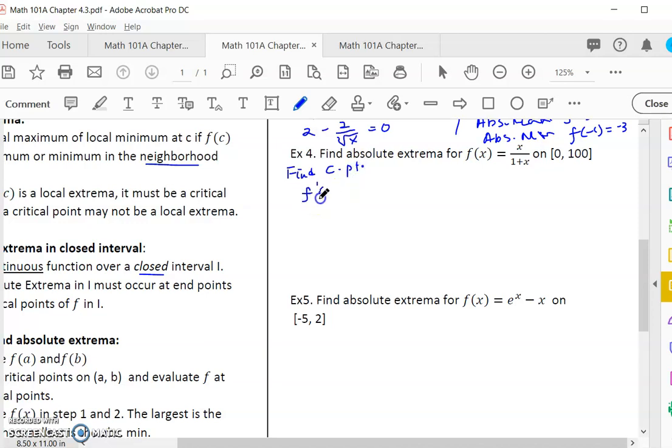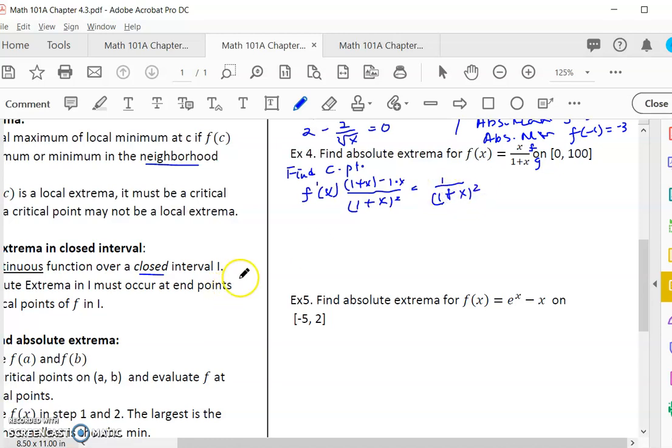To find critical points, we will have to do f prime of x. Oh, this is a quotient rule. Low d-high minus high d-low. So the derivative of this is 1 times 1 plus x, minus the derivative of this, which is 1, times x. That is equal to 1 over (1 plus x) squared.